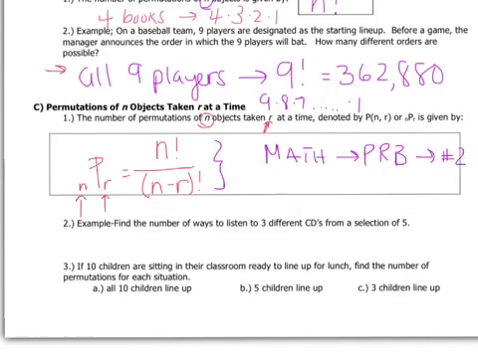The way that you enter this is you put the value of n first on your screen, then use that button, and then put the value of r, and that would calculate it for you. And we'll do that in just a moment.